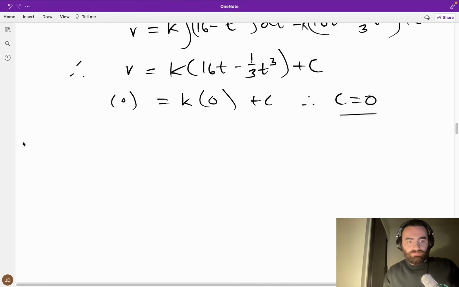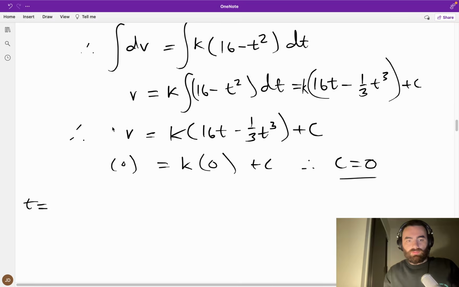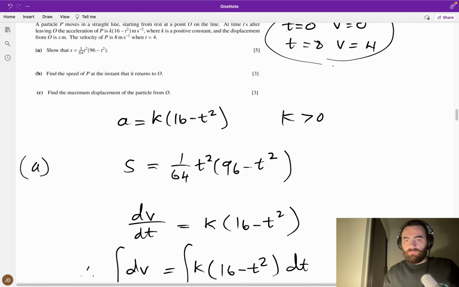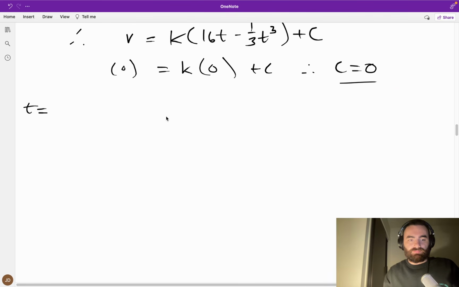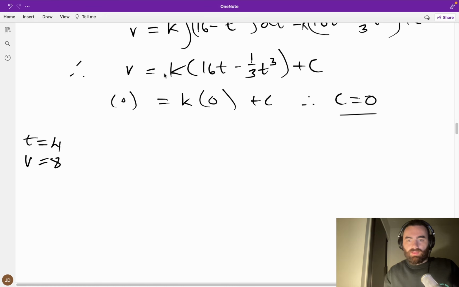Well, we know that when t equals 4, oh, I'm making a lot of mistakes today, boys and girls. t equals 4, v equals 8. So we can find k.